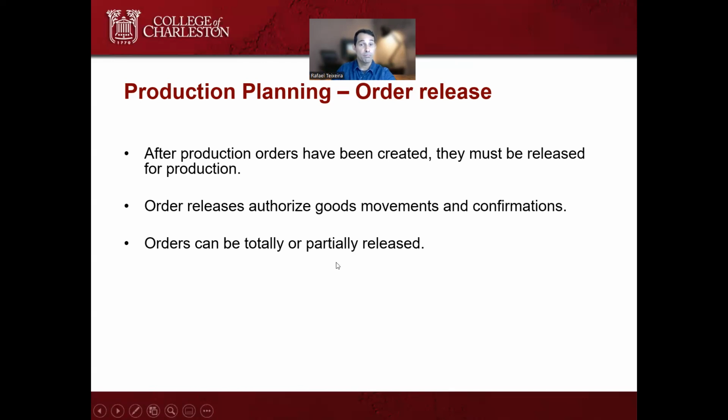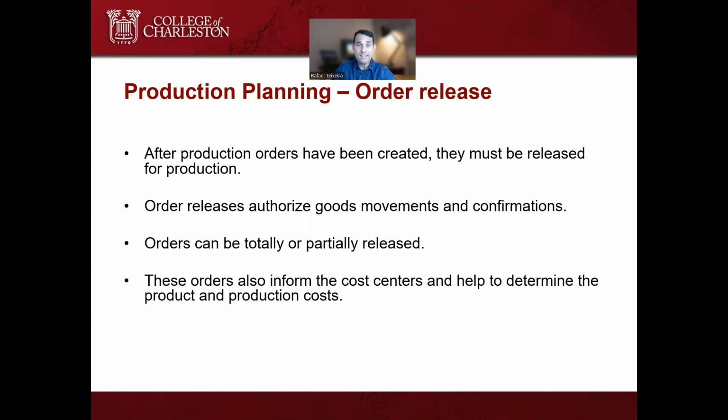Orders can be totally or partially released. It doesn't have to be totally released. Most of the time it's totally released, but it can also be partially released depending on some restrictions, like the company doesn't have all the raw material, or doesn't have capacity, doesn't have people.